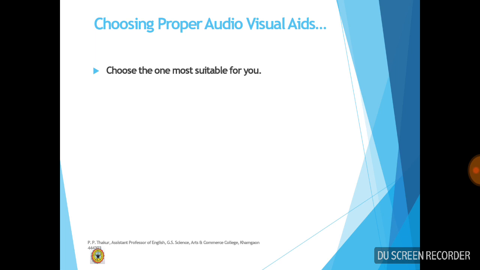For example, you can use an LCD projector and PowerPoint, and at the same time you can use a flip chart along with it to explain or write something. You can use a visualizer along with an LCD projector and PowerPoint. You can use an overhead projector and note cards.